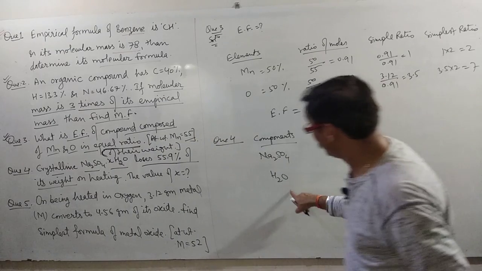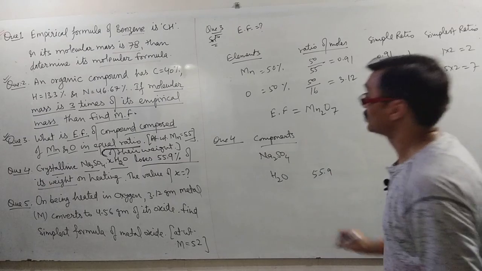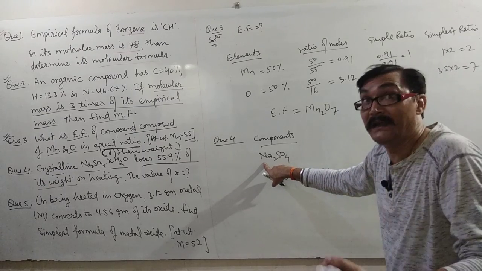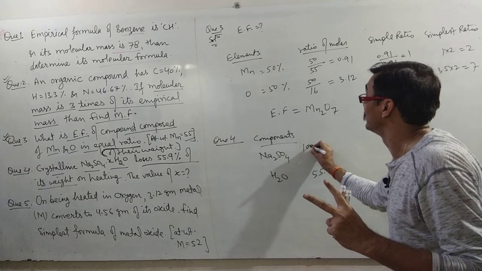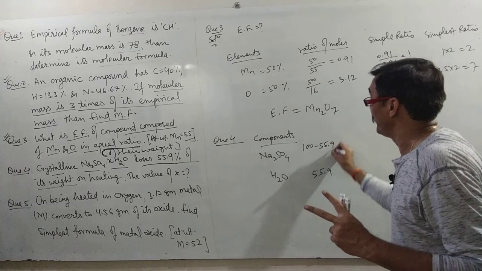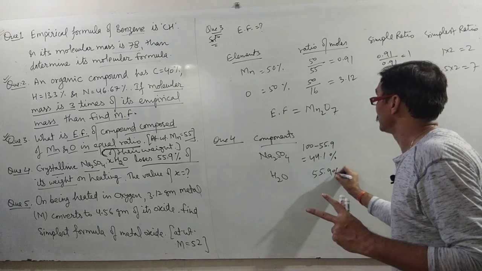The weight of water is 55.9, so if there are only two components, the weight of the other component will be 100 minus 55.9, that is 44.1%. These are the percentages.